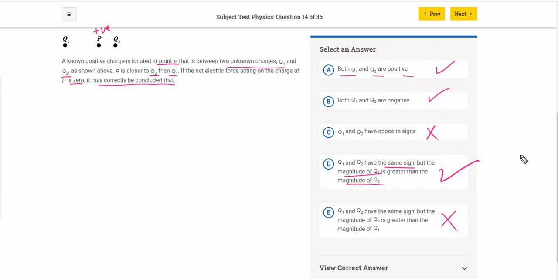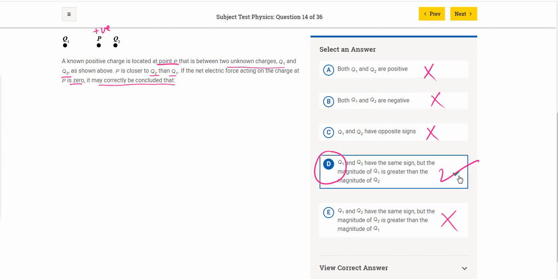Now, because we have to reach to the more precise option, so that will be D, not A and B. So we'll reject A and B, and our final answer will be D. So let's check it, and that's right. It's correct. So this is how we'll reach to the solution of such questions. Now let's move on to the next one.